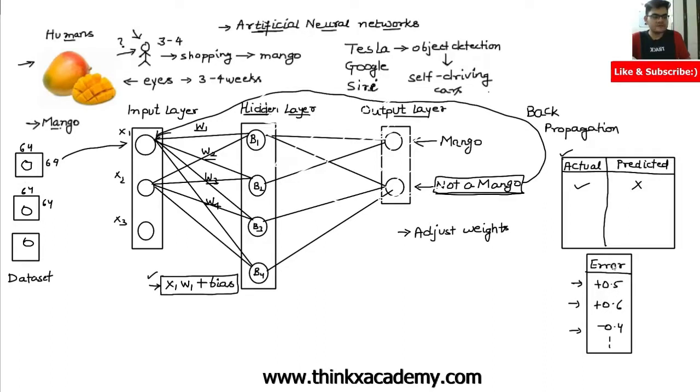So it will use this error to adjust these weights, and on adjusting these weights it will be able to make the prediction more accurate, and that's how it improves the accuracy, right? So after seeing the errors that are coming, it back propagates and it adjusts the weights according to the error that we have supplied, and then it will again make a prediction, and then again we will check it with the table.